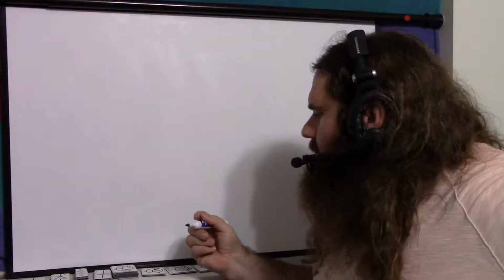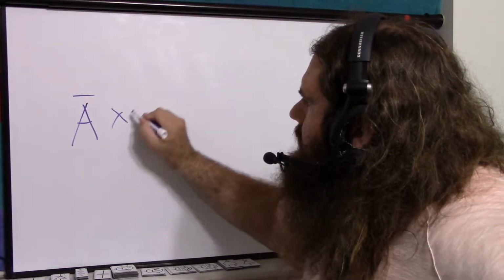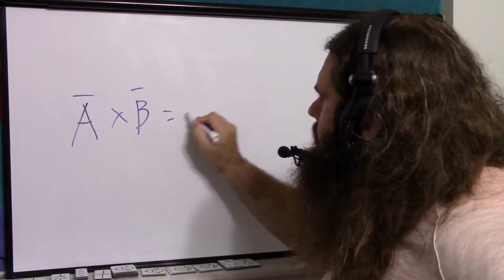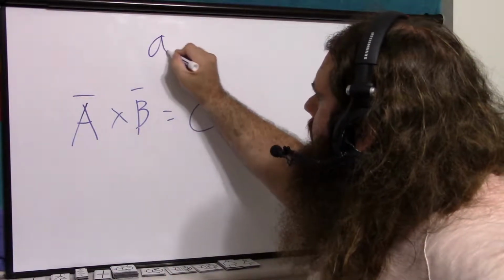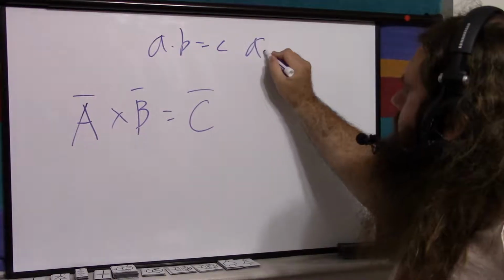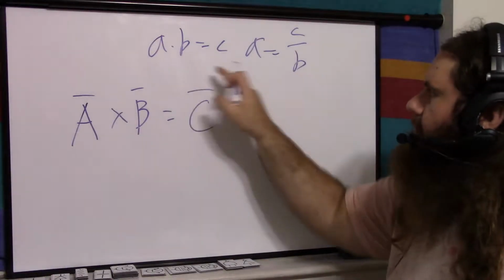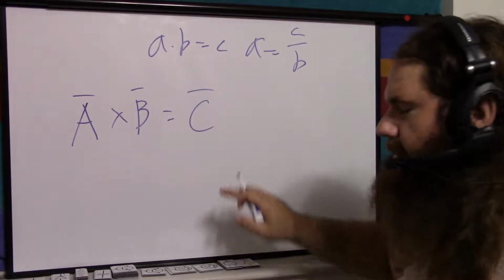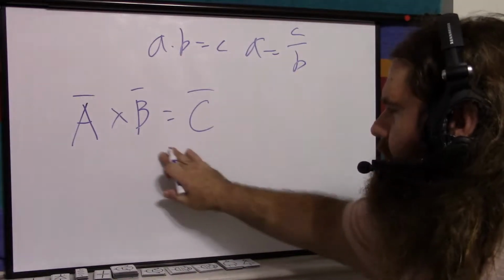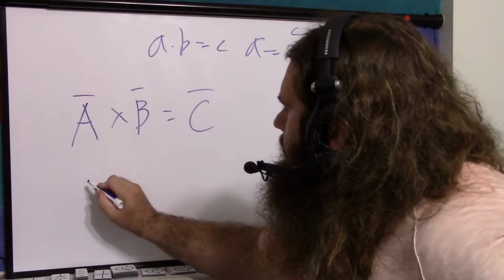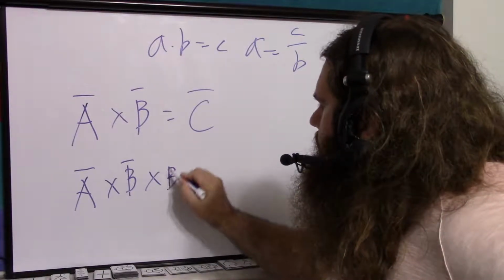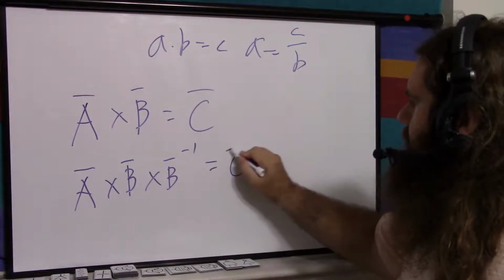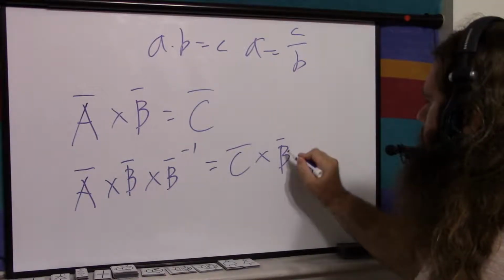So this is how you can do algebra with matrices. Because, for example, let's say you had A times B, matrix multiplication, equals C. And you want to say, well, what is A? Well, algebraically, A times B equals C, A equals C over B. You just divide B over. That's basically what you do here, because there's no division, but you could say A matrix multiplied B, matrix multiplied B inverse equals C, matrix multiplied B inverse.